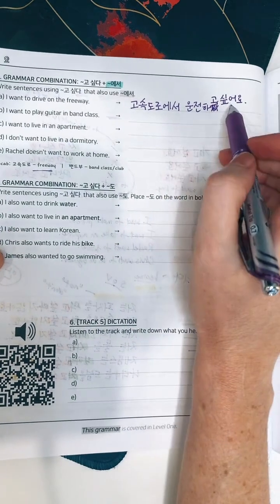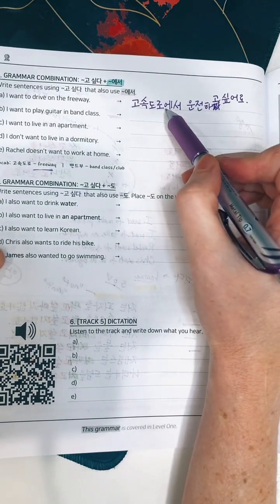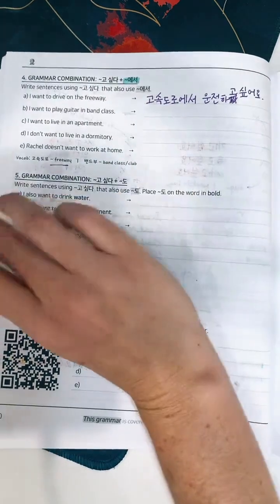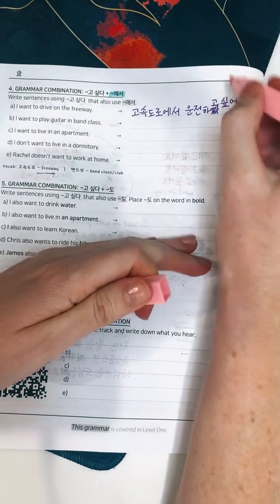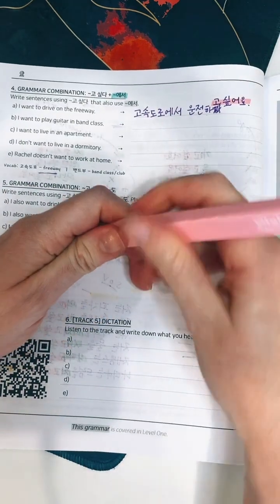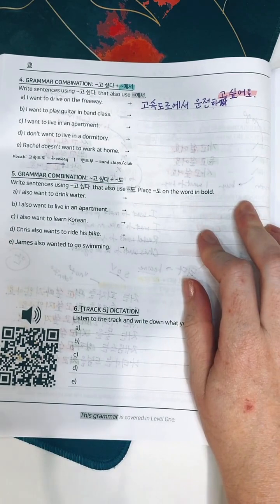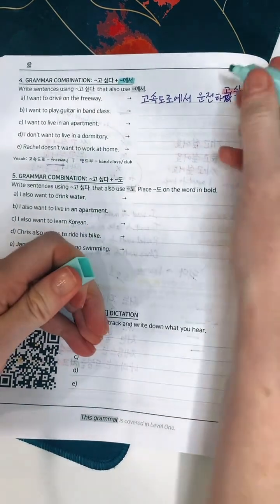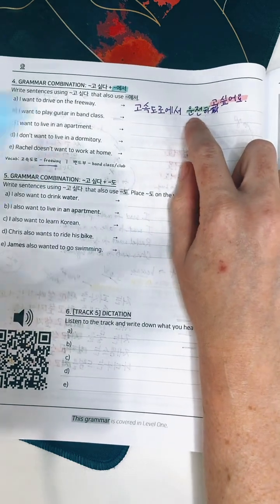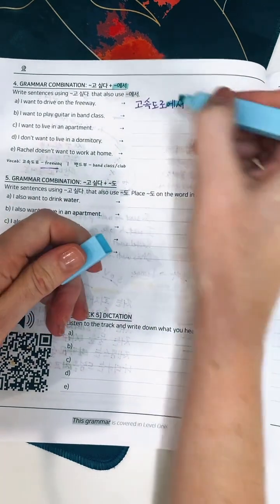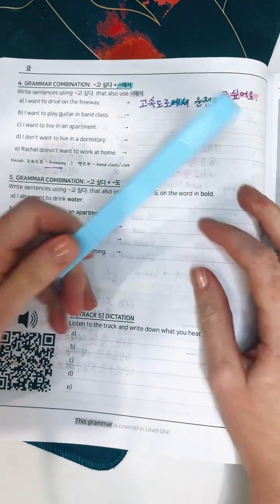Apologies for my messy handwriting there. 고속도로에서 운전하고 싶어요. So we're not using 지 않다 anymore, because we're not talking about things that we don't want to do. We're talking about things that we want to do. In this case, we want to 운전하다 on the freeway.